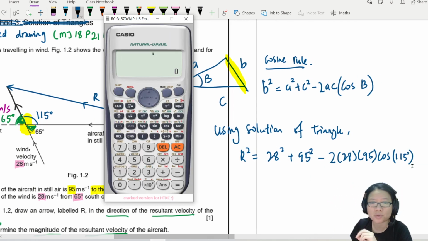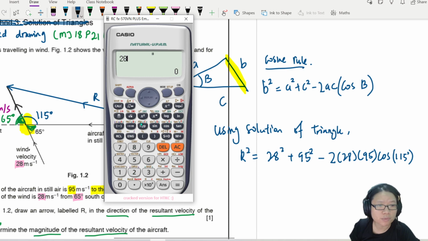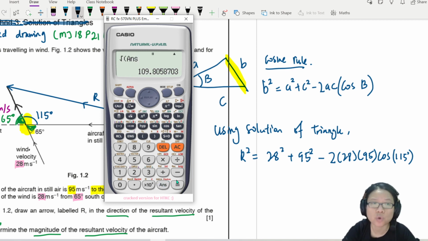So cos 115, then minus 2 times 28 times 95. Please make sure your calculator is in degrees, not radians. The rest you just let the calculator do the job. Look, square root of the answer. Ta-da! 109.8, about 110.